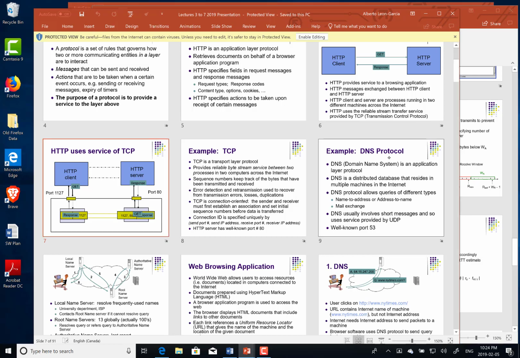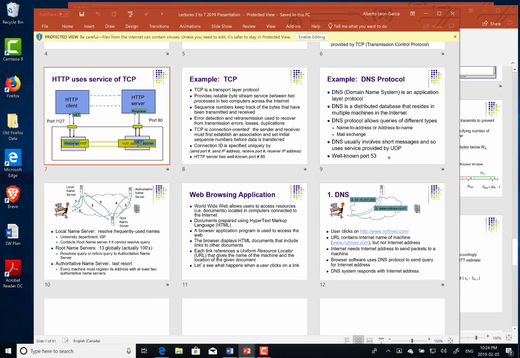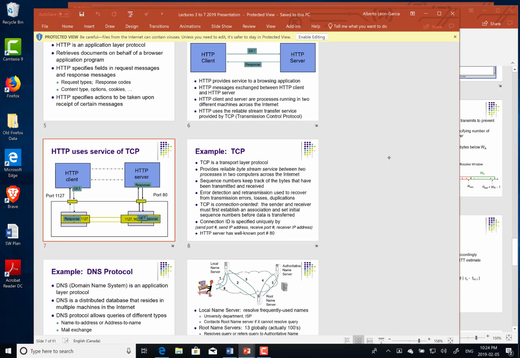DNS is a distributed database that provides a mapping between names of machines and IP addresses, and that enables machines to find out the IP addresses of other machines and hence to communicate.